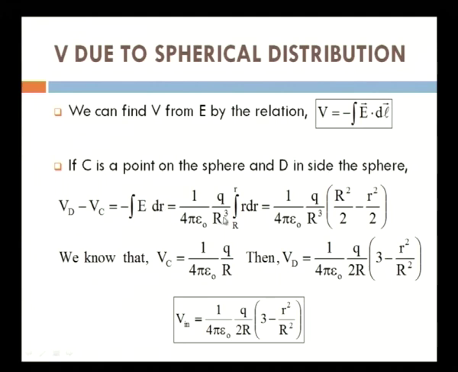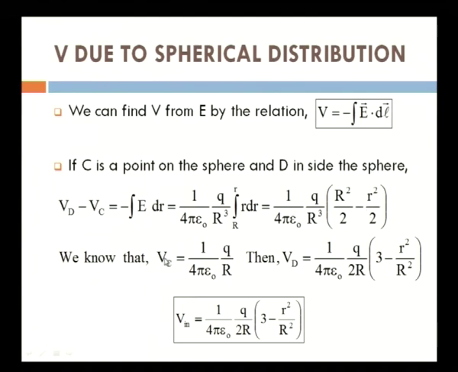So, we substitute for the E, which we have already derived, and we take the integral limit from capital R to small r, because from outside to the point inside we are doing it. So, when we integrate and apply the limits, we get this as the final relation.